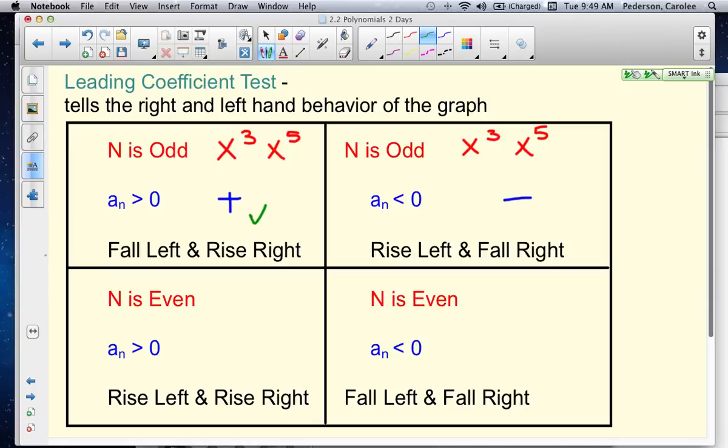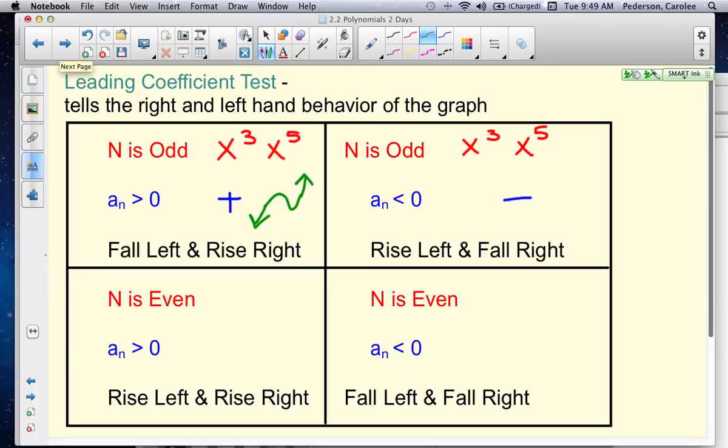So falling this way, rising this way, and then something happens in between those two end behaviors. Maybe it goes up, and then it comes back down. Something's happening between those end behaviors, and we're going to find out what the stuff in between is later on in our lesson.